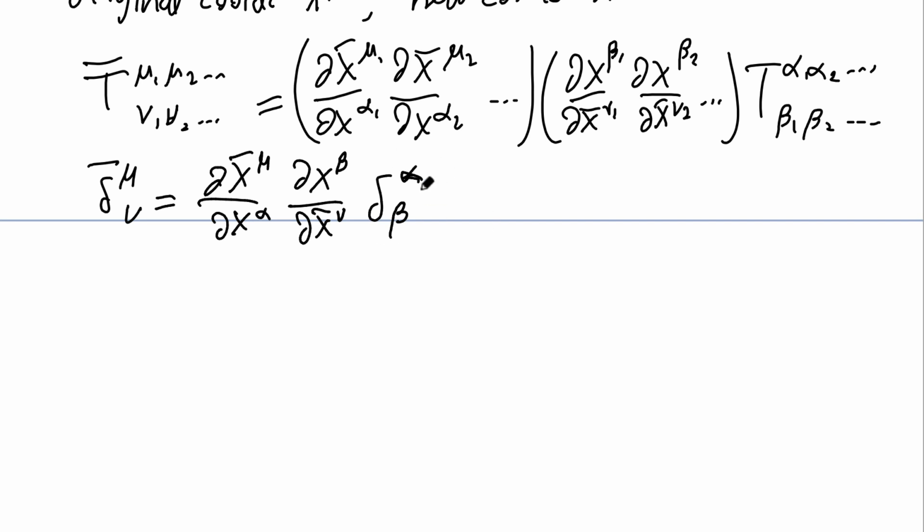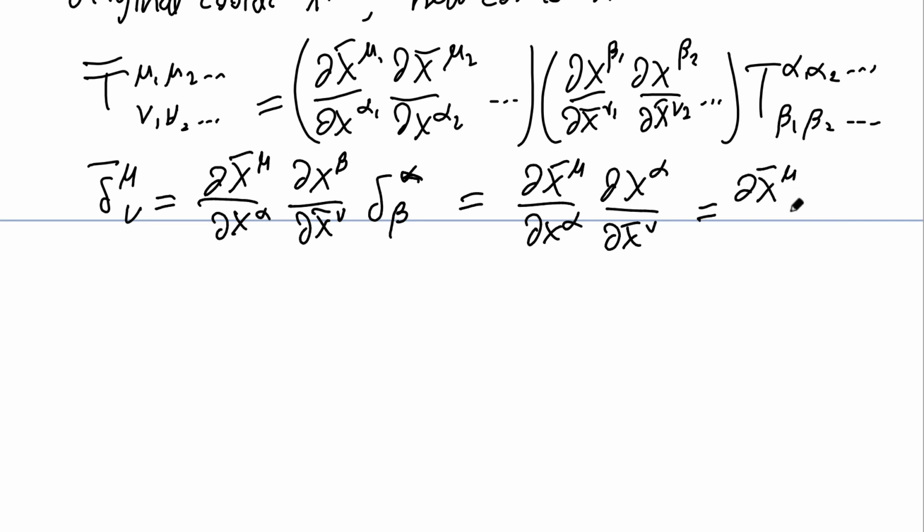Right, but delta alpha beta has components 1 and 0 depending on whether alpha is equal to beta. So this is just partial x bar mu with respect to x alpha, partial x alpha with respect to x bar nu. But by the chain rule, this is just partial x bar mu with respect to x bar nu, which is just 0 or 1, depending on whether mu is equal to nu.